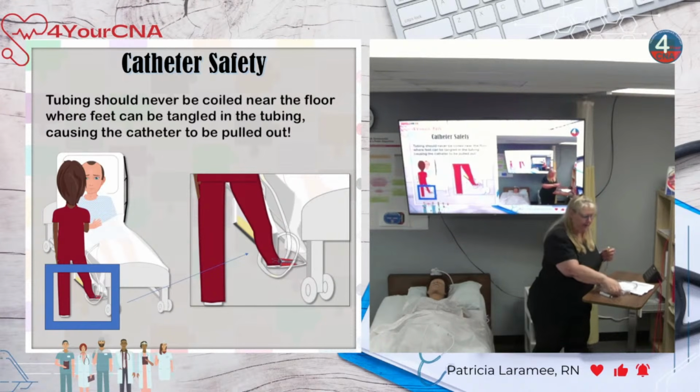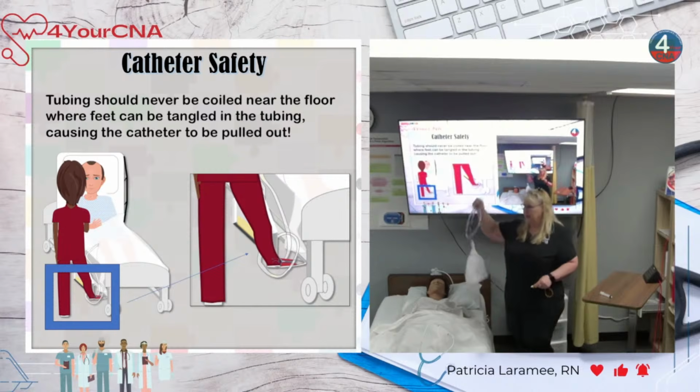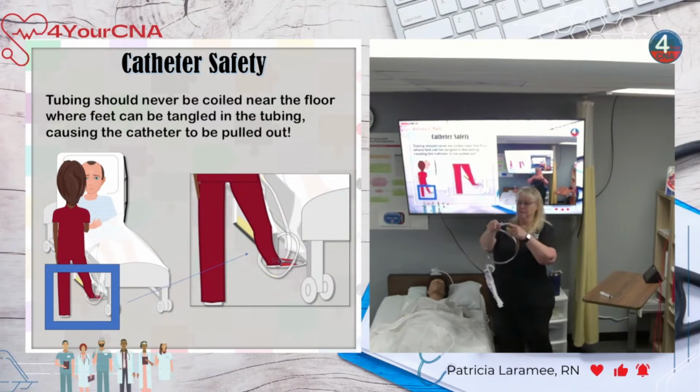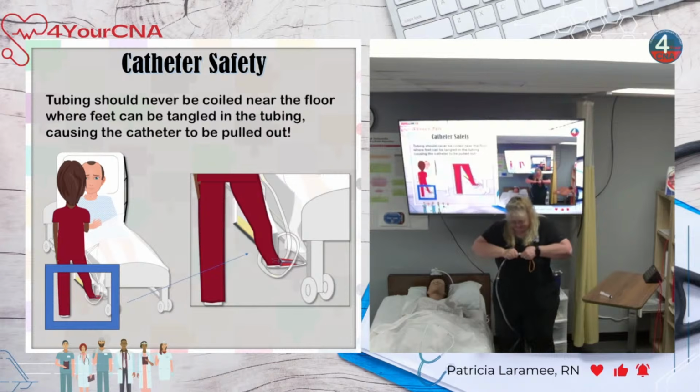So the way that these go together, we have a bag, we have a catheter. This port matches up with this one, but it's snug. So I put this port inside the hole and I push it on and keep pushing until I'm sure that I can't push any further.